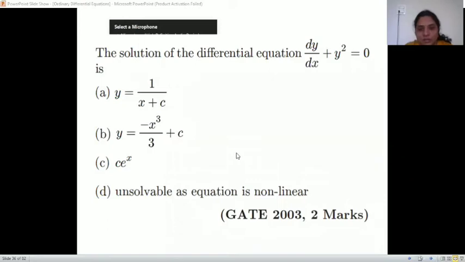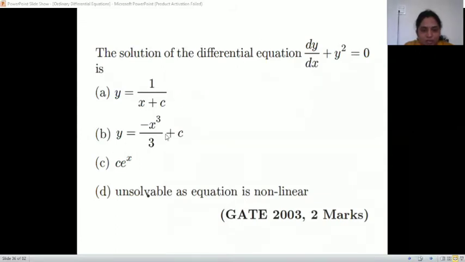Okay, are you solving? Anybody has completed? Please share your answer. Okay, someone has ticked unsolvable, as the equation is non-linear.